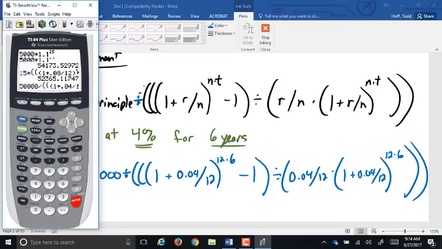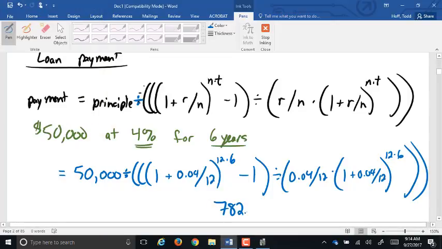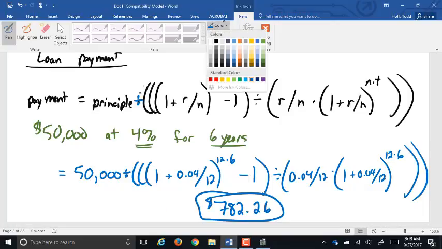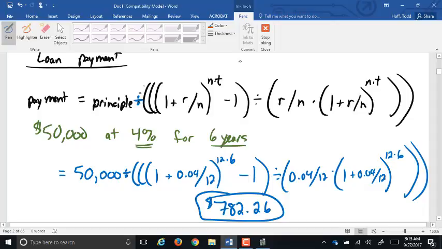Close and close. $782.26 a month. That is a pretty stiff car payment.